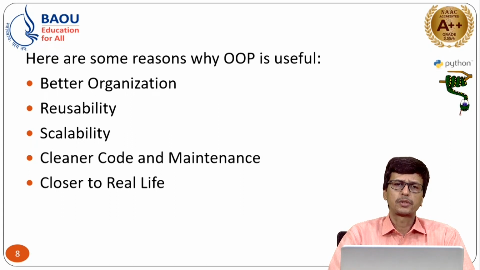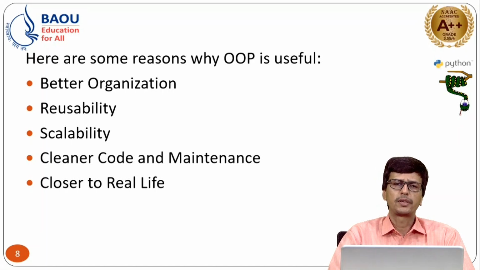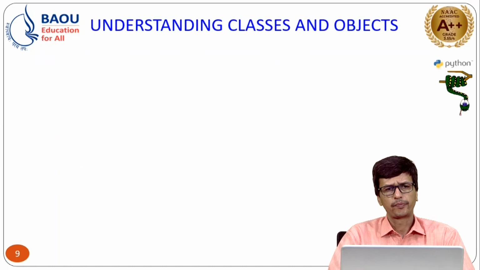Then it is only possible with the help of objects and classes, because the processes you deal with day to day in real life cannot be implemented in a procedural approach. It is easily implementable in object oriented programming. So it is good for the programmer as well as the normal user, because whatever daily life thing can be managed with the help of programming. So you can render any real life thing into a program.